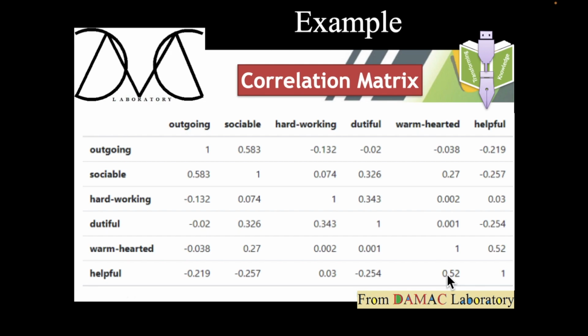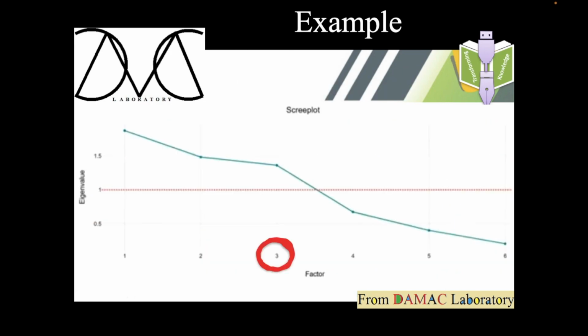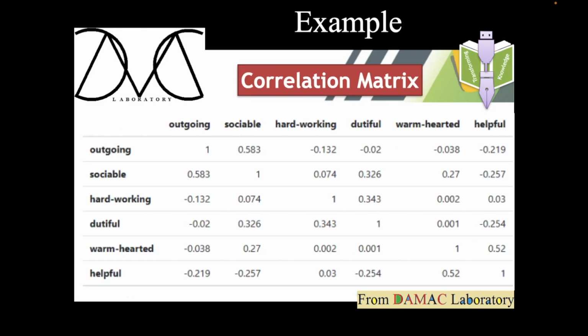So the number of factors decided in the last slide, 3, can be justified by this: outgoing has a relationship with scalable, hardworking has a relationship with dutiful, and warm-hearted has a relationship with helpful. But how to confirm that? That's where confirmatory factor analysis comes in.